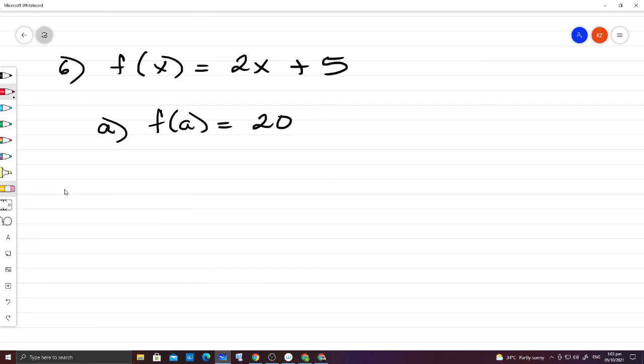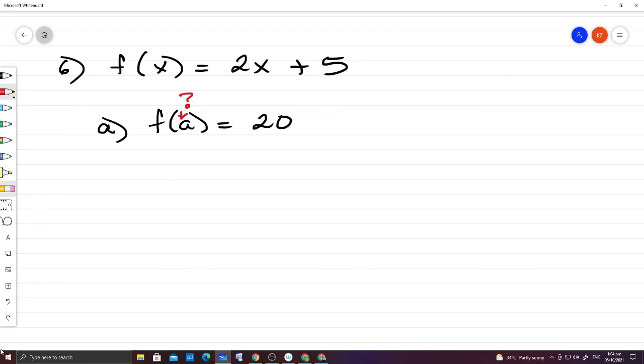Now you have to find the value of this letter A. From numbers 1 to 5, for example f of 3, it has a number already inside. Can you follow? But this one is not a number. It is a variable. So you have to find its value.